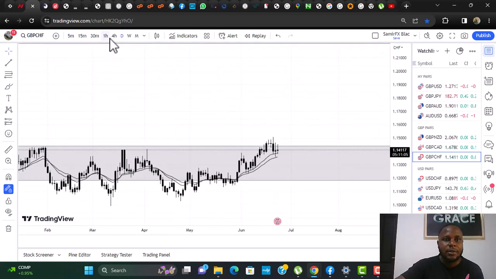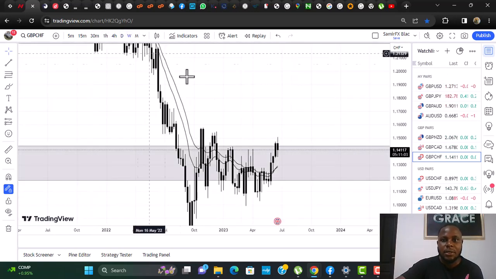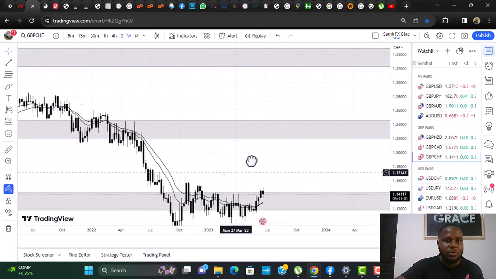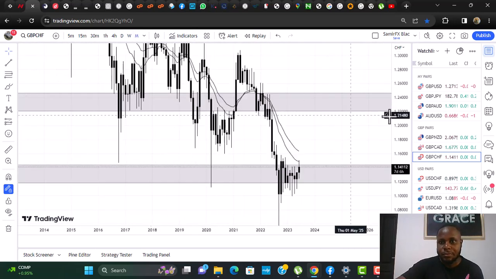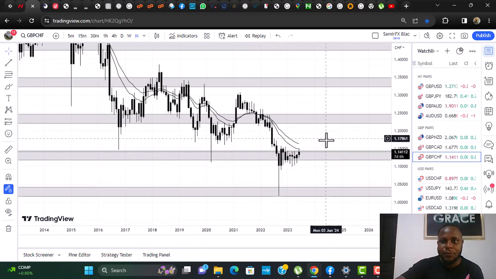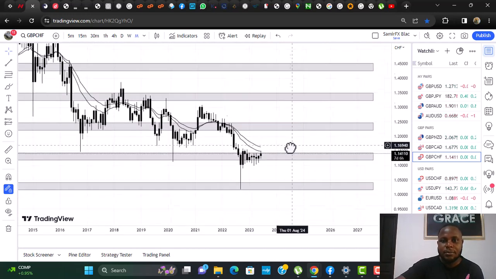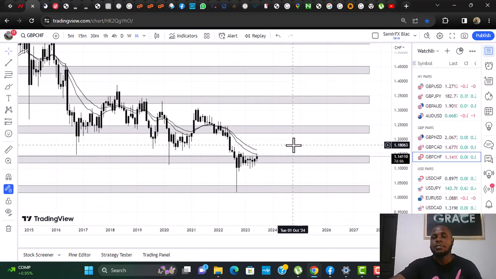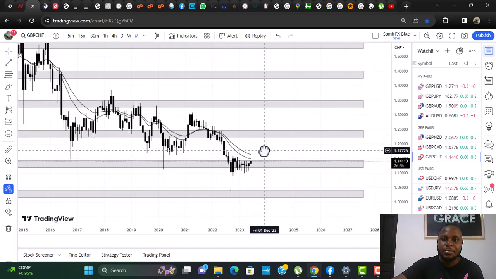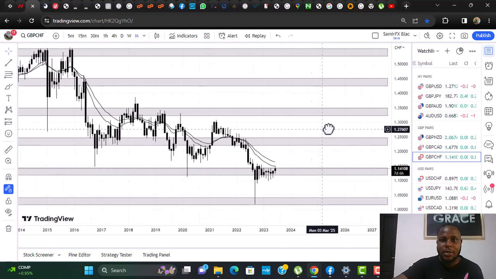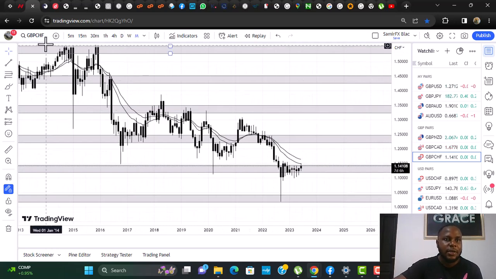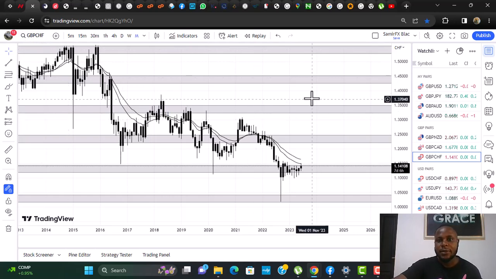So basically, when we trade, we are trying to make profit from differences in price and changes in price between currencies. As you can see on my screen, we currently have GBP CHF, which is Great Britain pounds and Swiss franc.